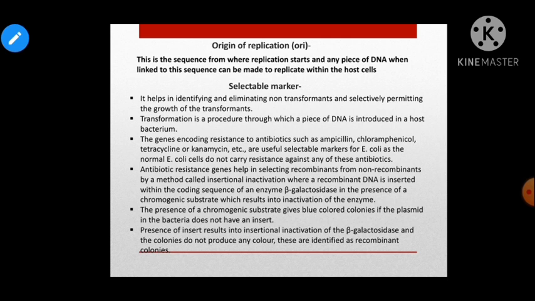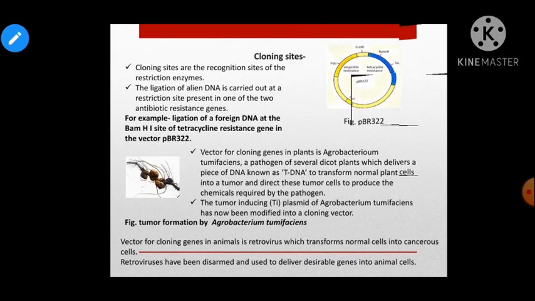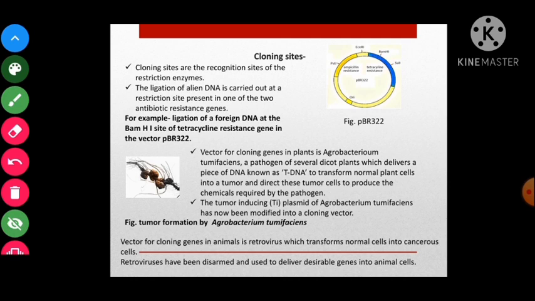Now children, selection of recombinants formed can be done by one of the following methods. The very first one is inactivation of antibiotics. Taking an example, if a foreign DNA is ligated at the BamHI site of the tetracycline resistance gene in the vector pBR322, so this is the plasmid pBR322.